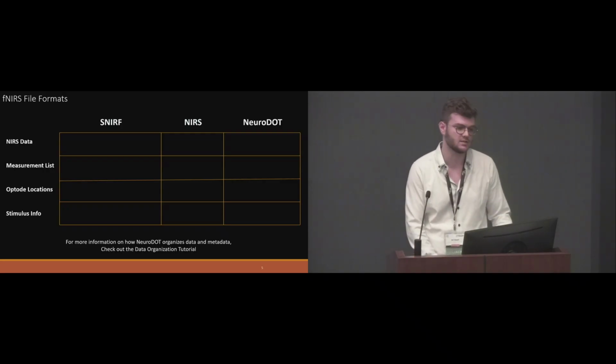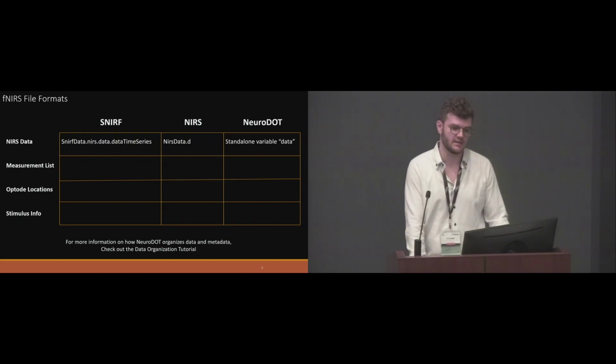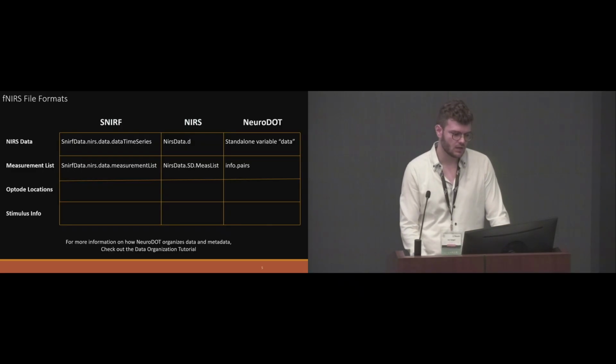The first is the NIRS data itself. That's within the SNIRF data structure in .nirs.data.dataTimeSeries. In the NIRS structure, it's just the .d field, and for NeuroDOT, it exists as its own standalone variable named data. The measurement list is contained in the SNIRF structure in .nirs.data.measurementList.